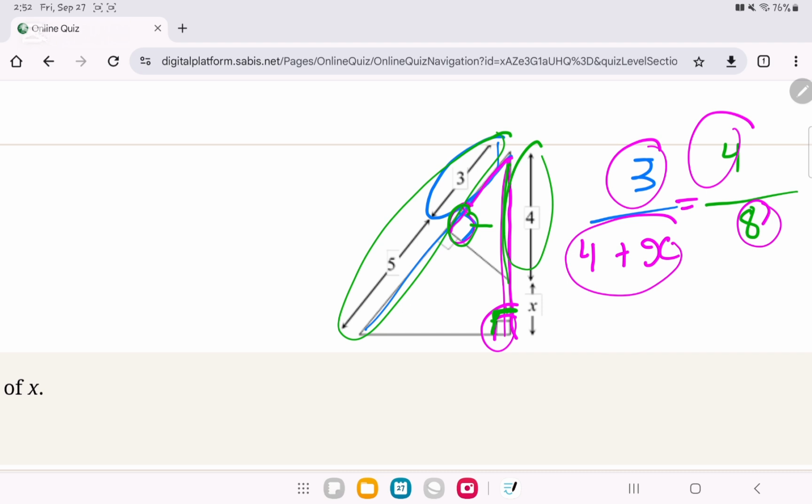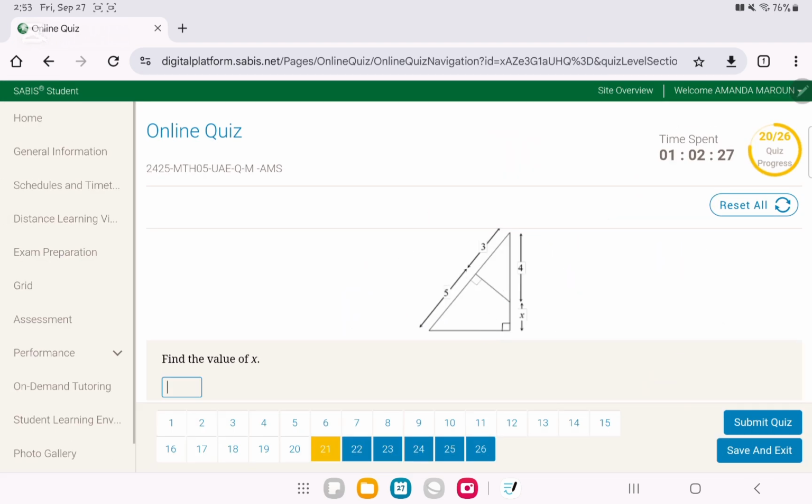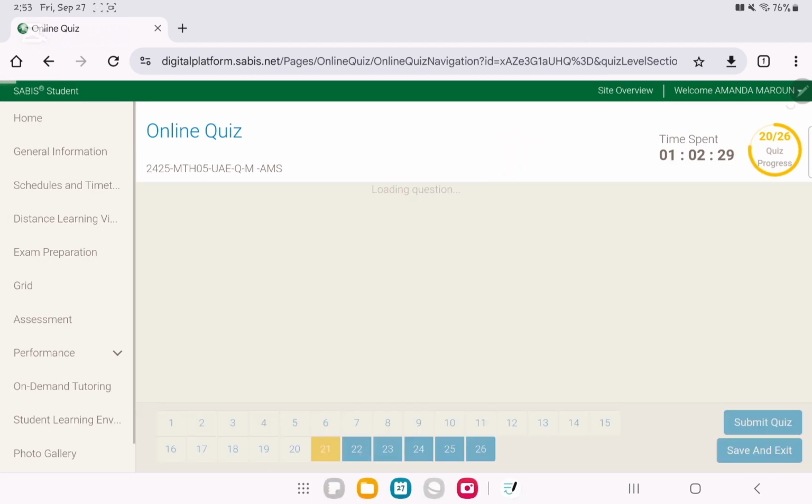You can do cross multiplication, or you can simplify it first. You're going to get 1 over 2. Then we do cross multiplication and we get 6 is equal to 4 plus x, and then x is equal to 2. So our answer is x is equal to 2.